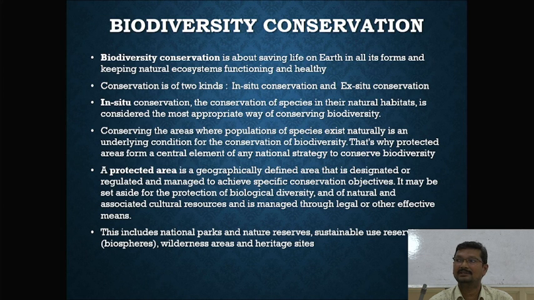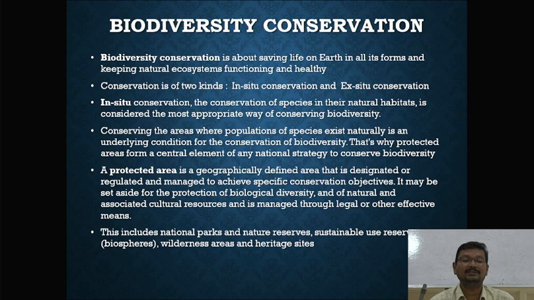Biodiversity conservation. Biodiversity conservation is about saving life on earth in all its forms and keeping natural ecosystems functioning and healthy. Conservation is of two kinds: in situ conservation and ex situ conservation.